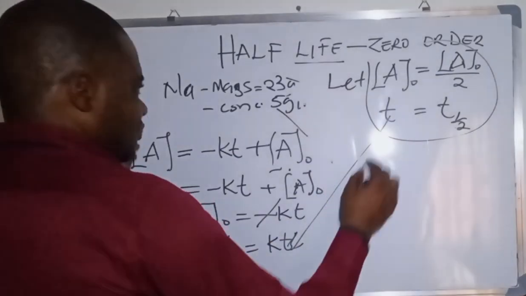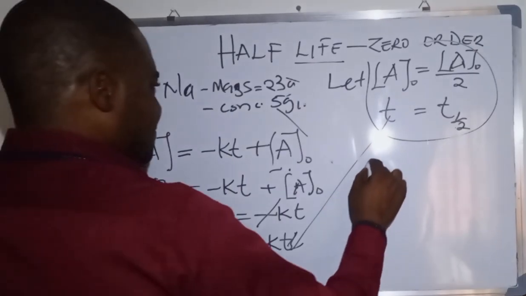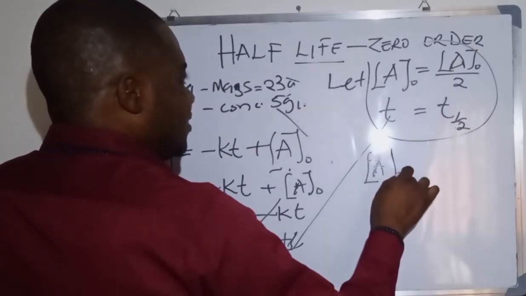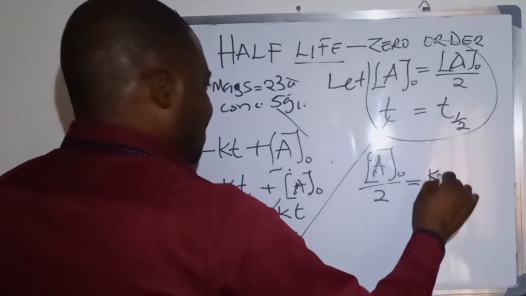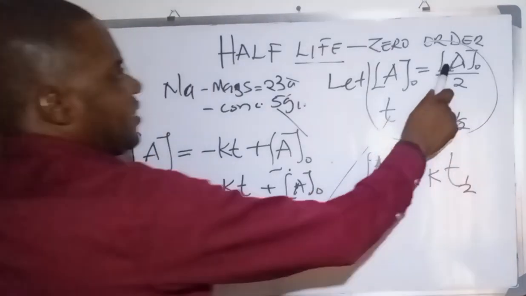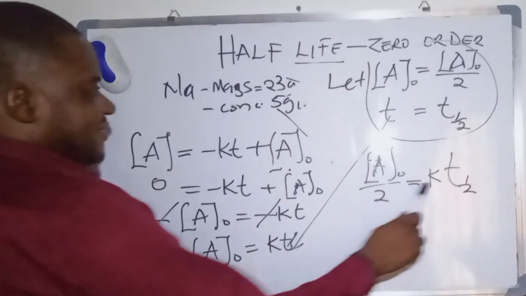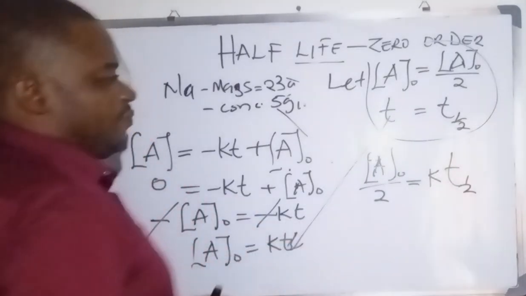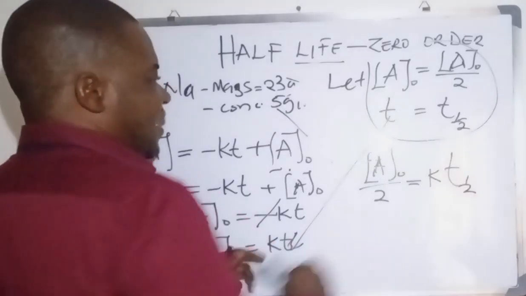So we now have A0 all over 2 is equal to K and then the half-life. We substitute A0 over 2 for the concentration and the half-life, T half, for the time. Now, remember we are looking for the half-life.